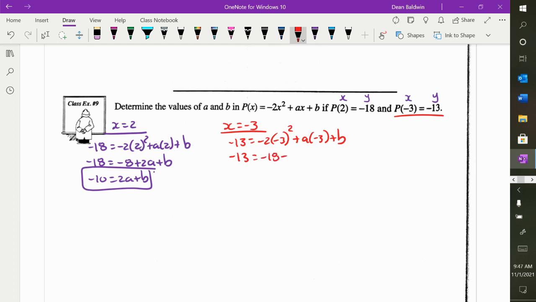Negative 18. Is that my other equation? Yep. Does everybody agree with that?